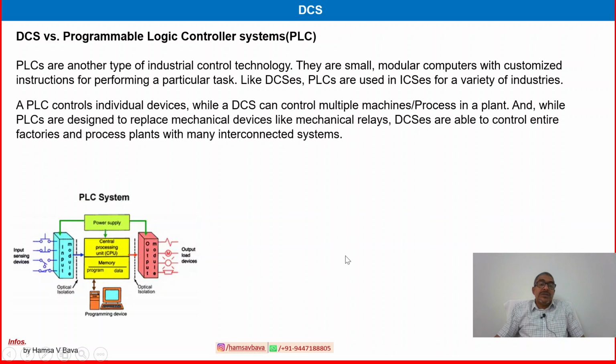A PLC controls individual devices while a DCS can control multiple machines or processes in a plant. And while PLCs are designed to replace mechanical devices like mechanical relays, DCS are able to control entire factories and process plants with many interconnected systems.